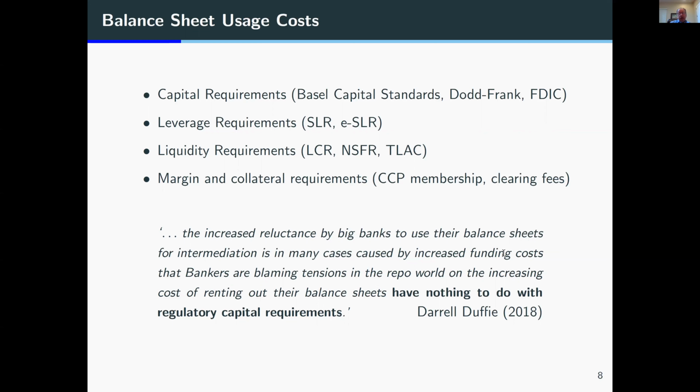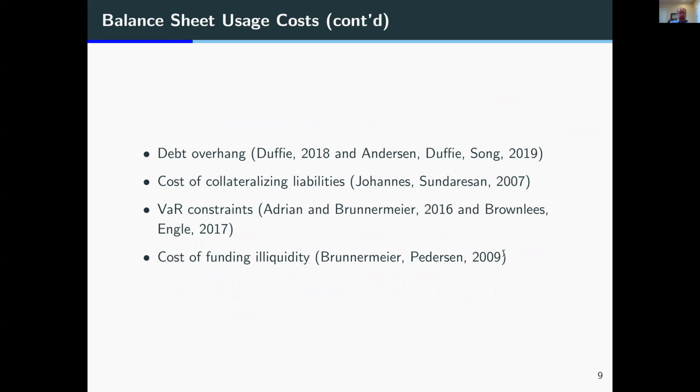But a point that Daryl has made, which is a good one, is that these aren't the only balance sheet usage costs. He talks about how, in many cases, some of these problems are dealing with frictions that have nothing to do with regulatory capital requirements. A recent paper, Anderson, Duffy, and Song, focuses on debt overhang.